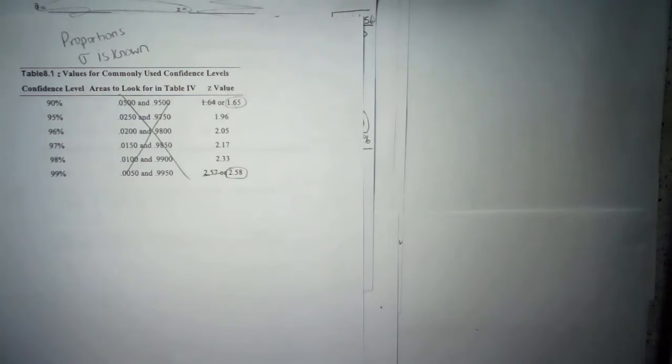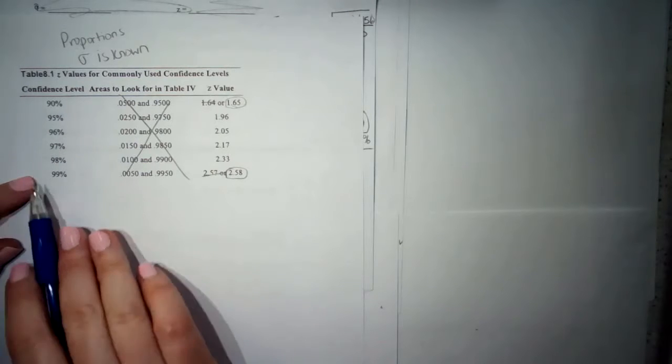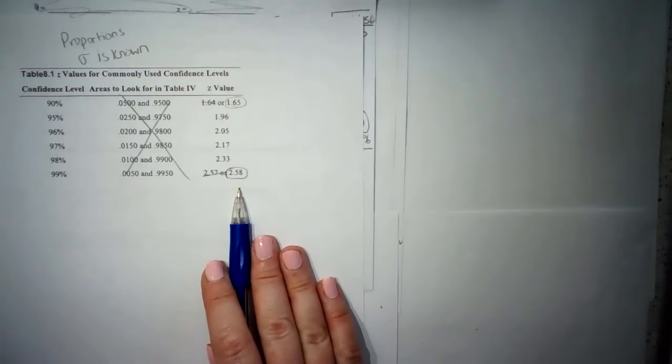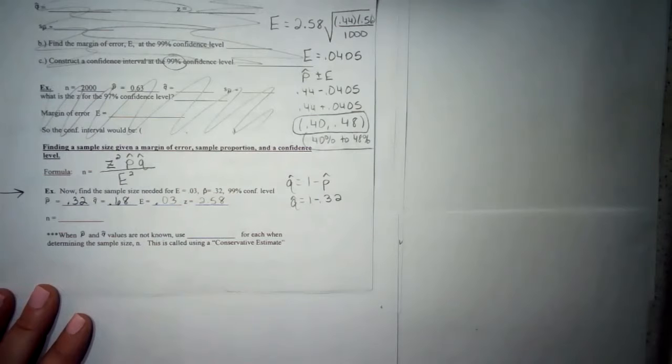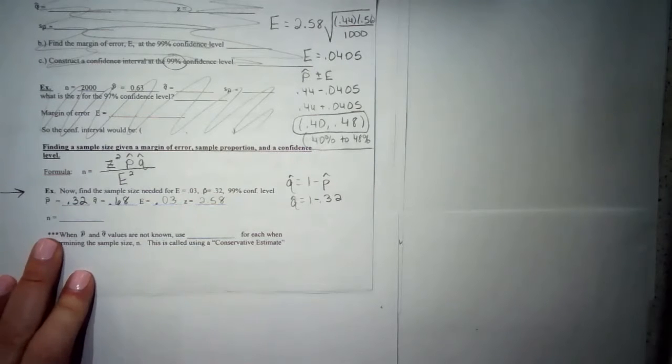These are going to be your z values for your various confidence levels. So this tells us we want a 99% confidence level. Well, 99% confidence level is going to correspond to 2.58 z. Easy enough. That's where we get it from. We get to use that little chart anytime we want, as long as sigma is known or proportion.